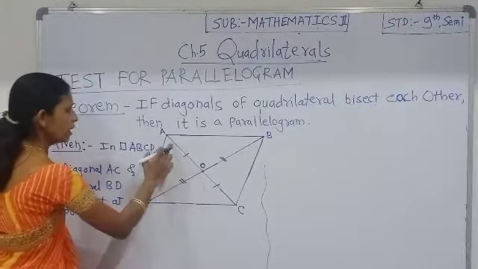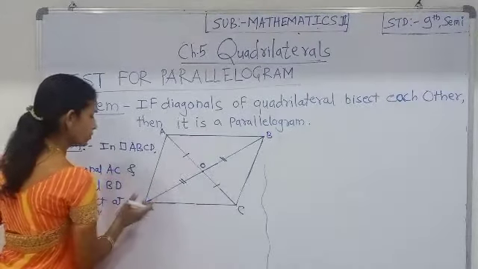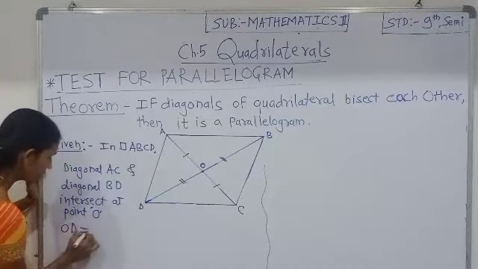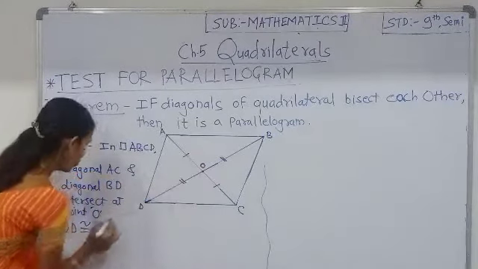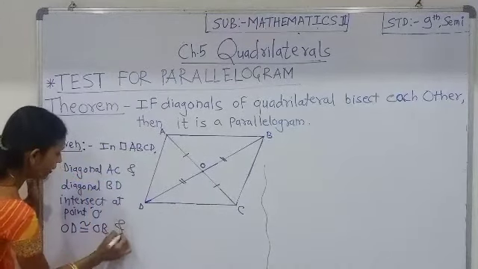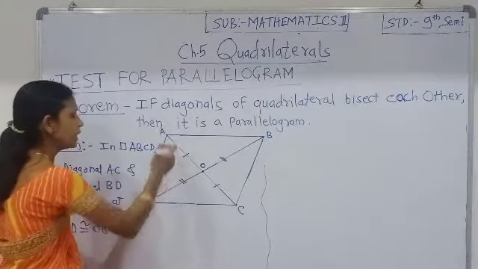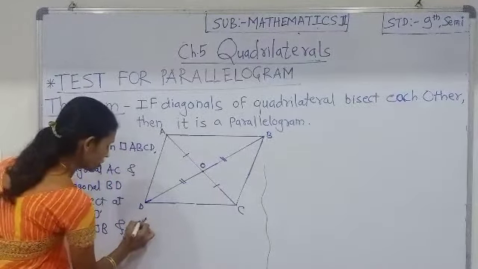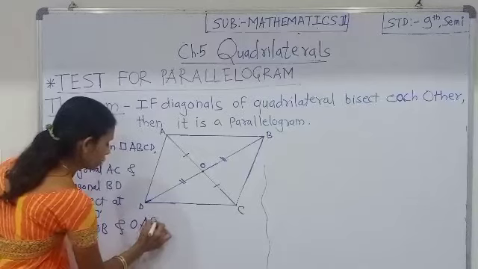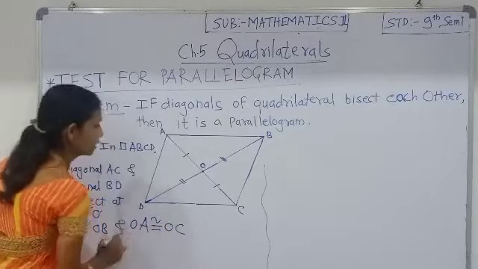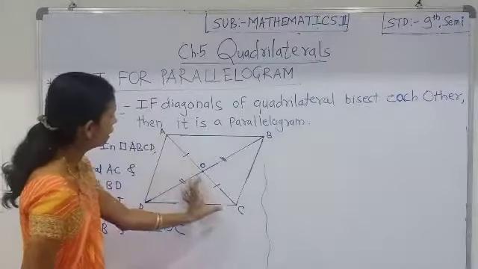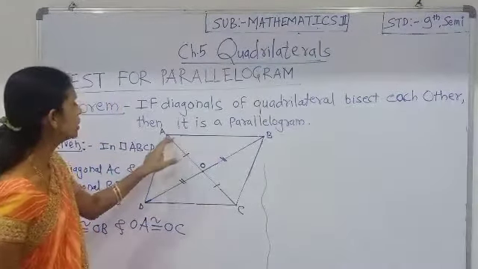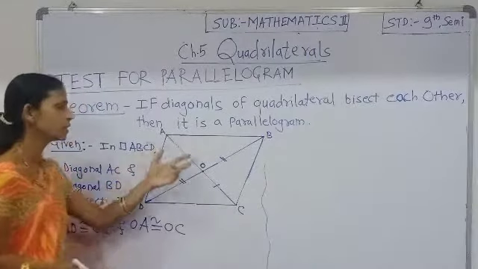That means AC is a bisector of DB, therefore OD is congruent to OB, and BD is a bisector of AC, therefore OA is congruent to OC.